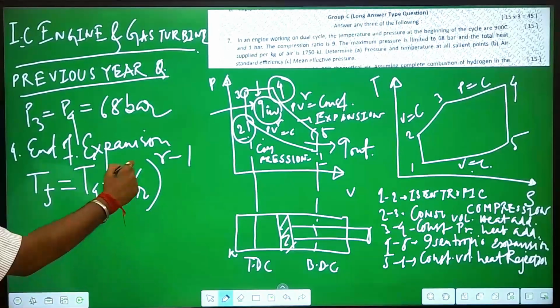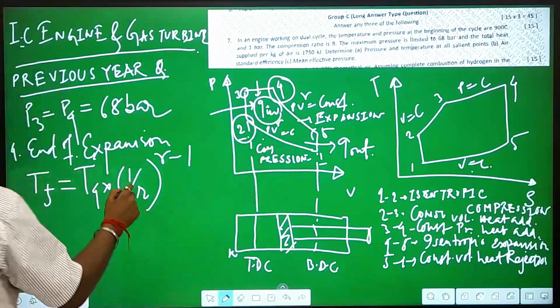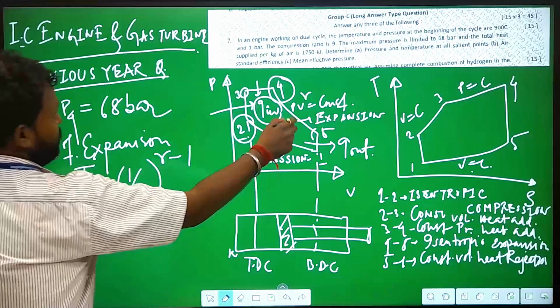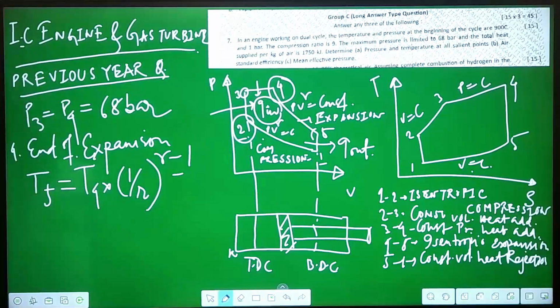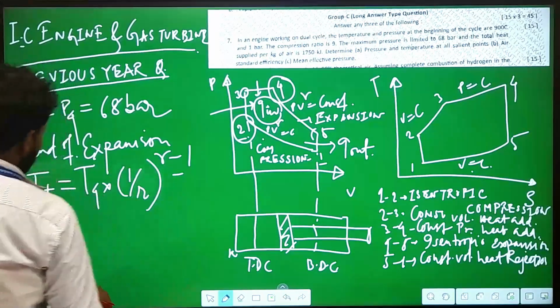Here, because this is an expansion process, it is 1 by r, and gamma is the air adiabatic index.